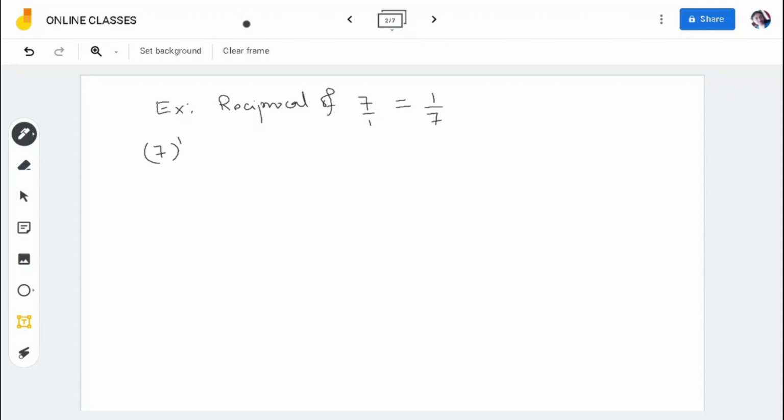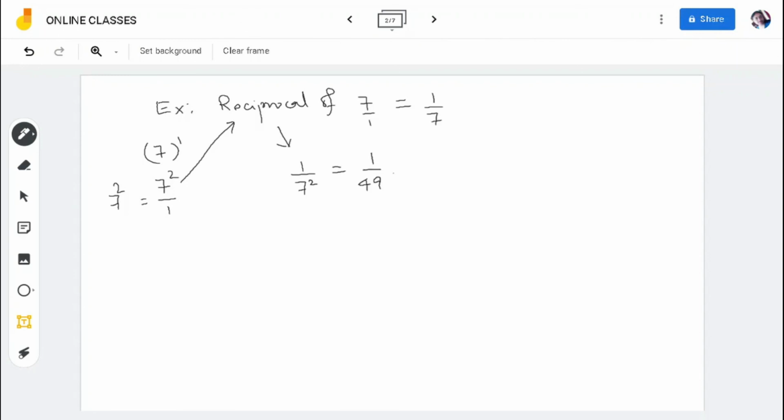Now what happens if the number is 7 to the power 2 and we need to find out its reciprocal? At that time, the same thing we are going to do. We can write 7 square as 7 square by 1. So its reciprocal will be 1 upon 7 square, or simply we can write 1 upon 49.